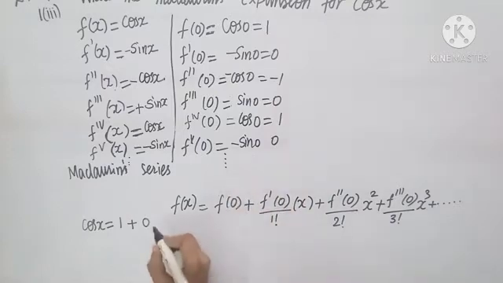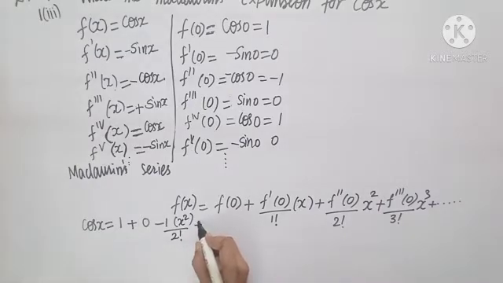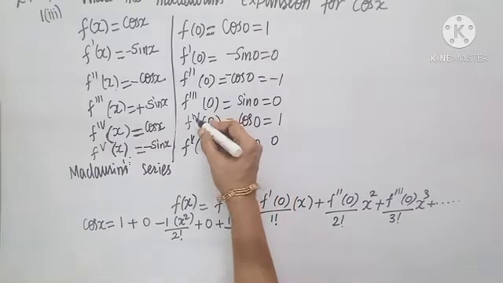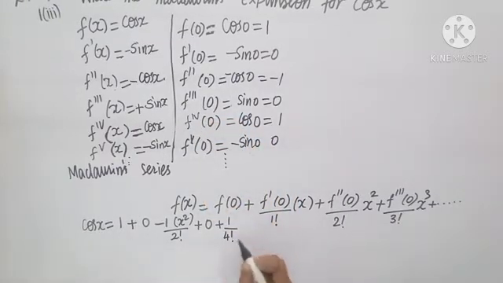F double dash of 0 minus 1 into x square by 2 factorial plus f triple dash of 0 into anything 0, forget it. Fourth derivative plus 1. Fourth derivative tells me by 4 factorial x power 4. Fifth derivative is also 0, and so on.